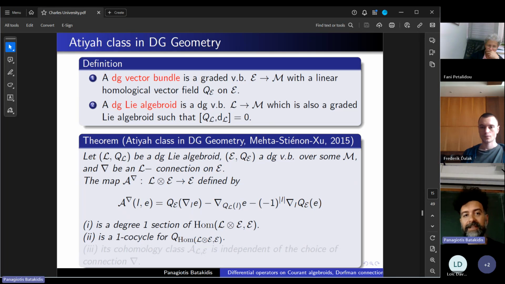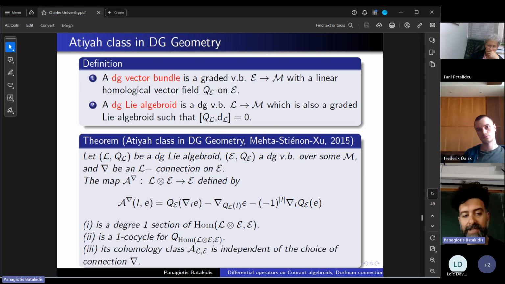So there is a class defined for this alpha, and you can show that this cohomology class is independent of the connection you chose. These are the three characteristics you want to show for every candidate, if you want to call it the Atiyah class or cocycle.